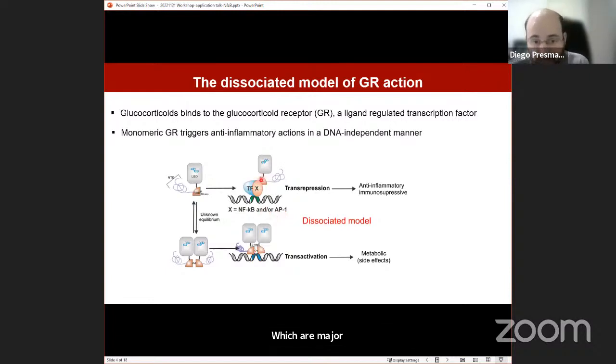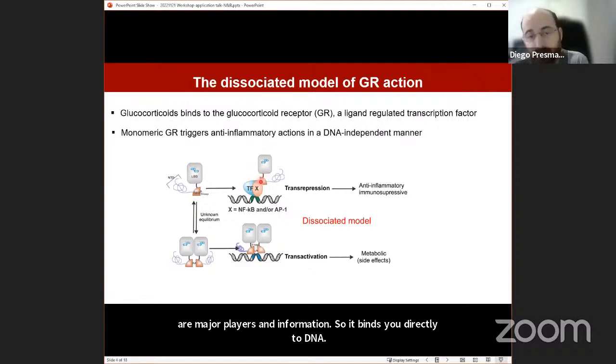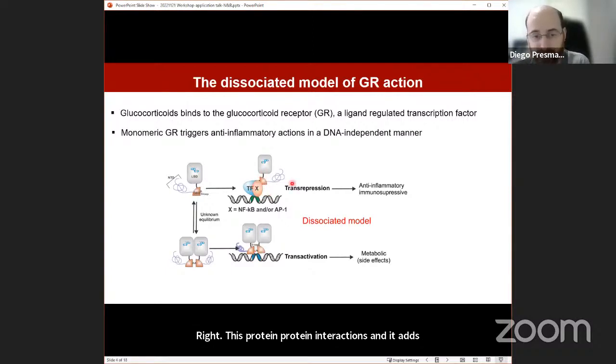So it binds indirectly to DNA by these protein-protein interactions, and it acts as a sort of co-repressor for these transcription factors. That is called the transrepression activity of the receptor, and it's supposed to do all the good actions, okay? So in a nutshell, the dissociative model states that monomeric GR is the one that triggers all the anti-inflammatory actions in a DNA-independent manner, okay?